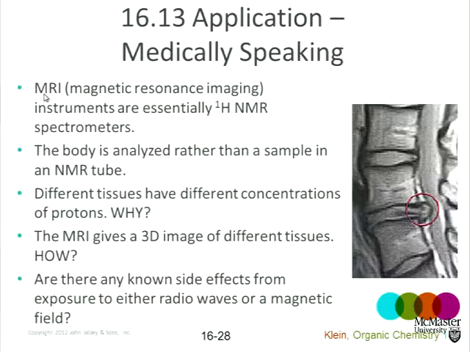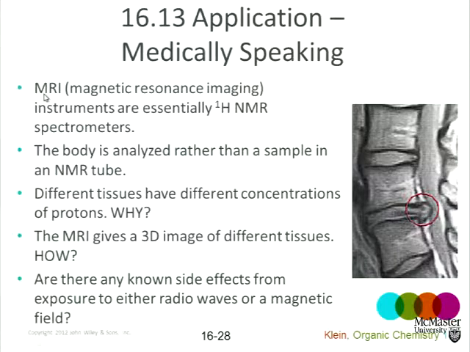So we can make this spatial by recognizing that if we use field gradients such that the magnetic field on your left-hand side is different from the magnetic field on your right-hand side, then the protons on your left-hand side will resonate at different frequencies from the protons on the right, and we can use high-tech computers to resolve all that such that we can tell whether a proton that is resonating comes from your left-hand side or your right-hand side, your front or your back, your top or your bottom, okay?